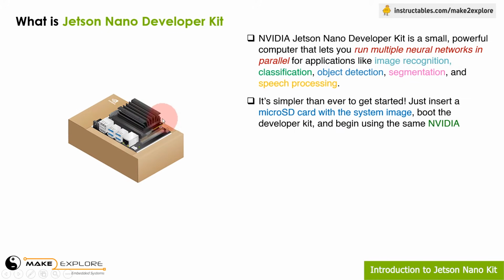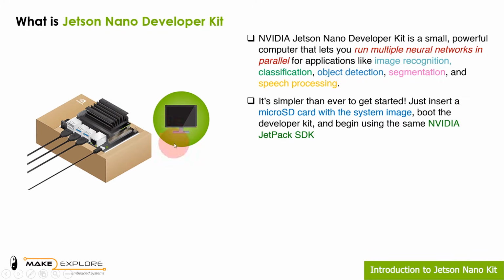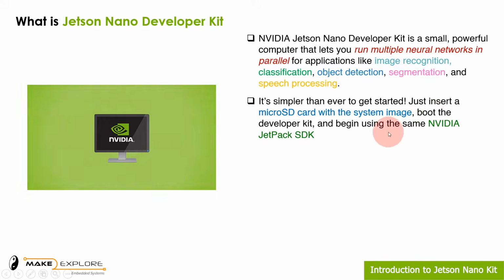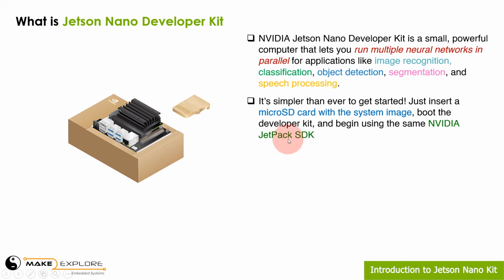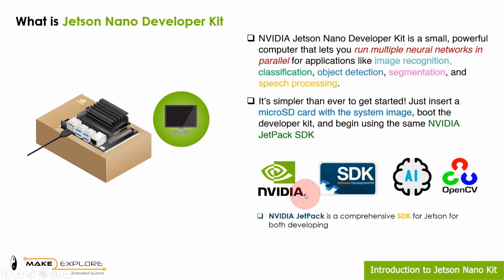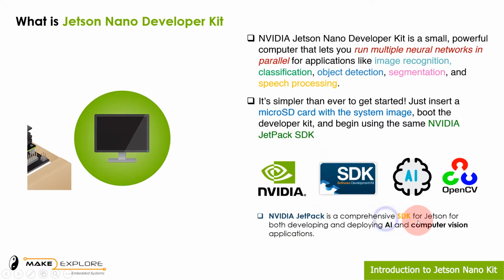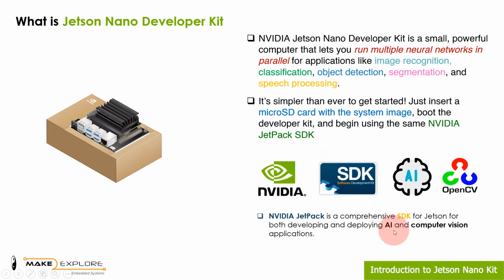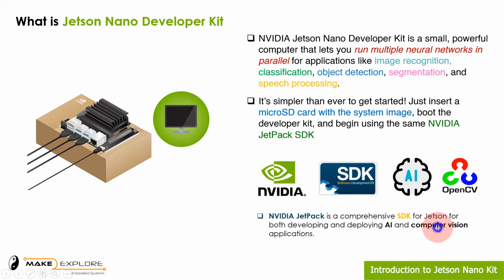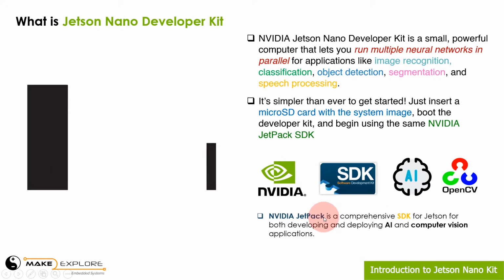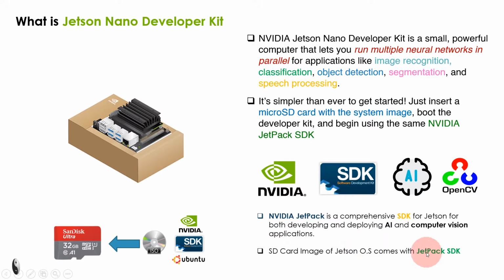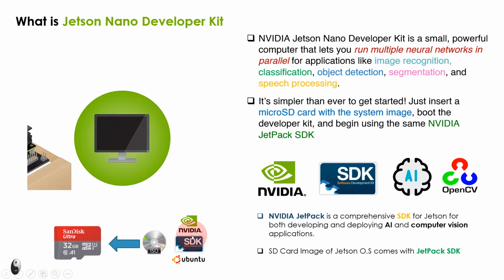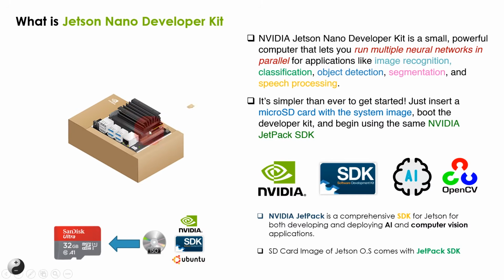Just insert a microSD card with the system image, boot the developer kit, and begin using the NVIDIA JetPack SDK. NVIDIA JetPack is a comprehensive SDK, software development kit, for Jetson for both developing and deploying AI and computer vision applications. The SD card system image of Jetson OS comes with this JetPack SDK.